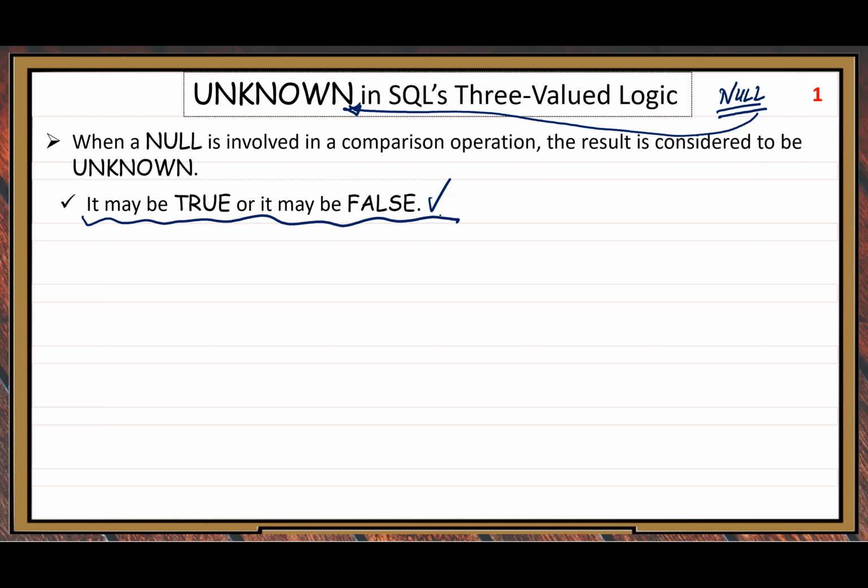If they take the same true or false value, then that value will be the real one. Later I will show you an example. Otherwise, if you have a complex Boolean expression, it's very hard. So this is one way you can try to figure out the final Boolean value.